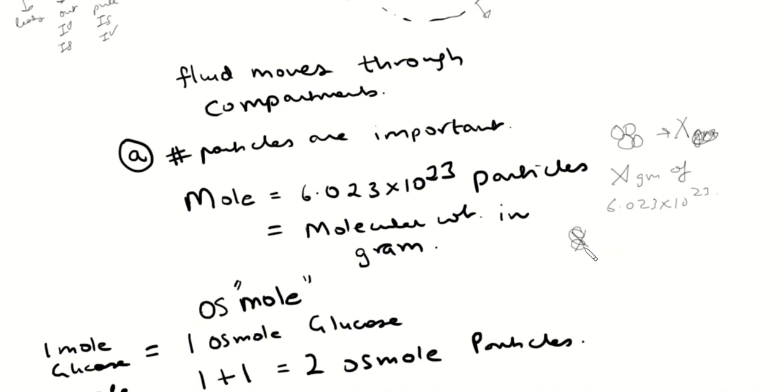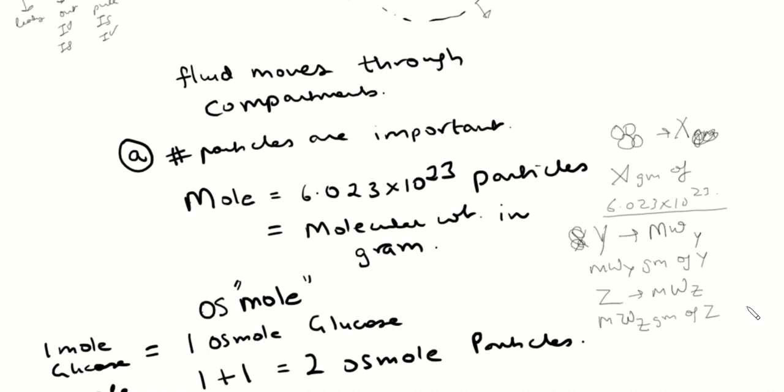So let's say I have a compound Y, and compound Y's molecular weight is MWY. MWY grams of Y is going to have 6.023 into 10 raised to the power 23 particles in it. If I have Z, molecular weight of Z is MWZ. MWZ grams of Z is going to have 6.023 into 10 raised to the power 23 particles.